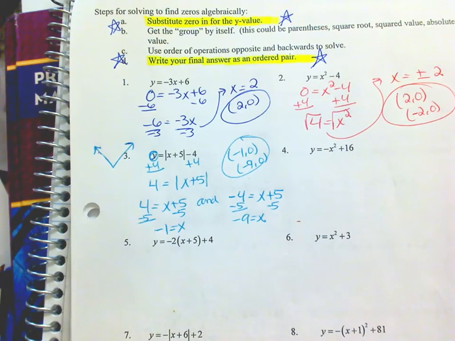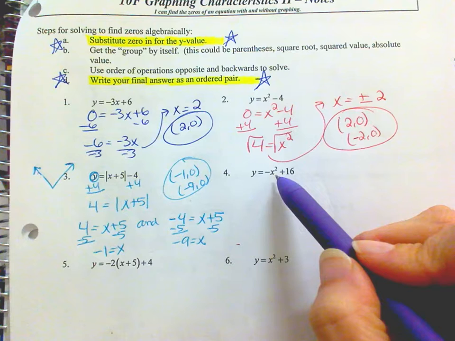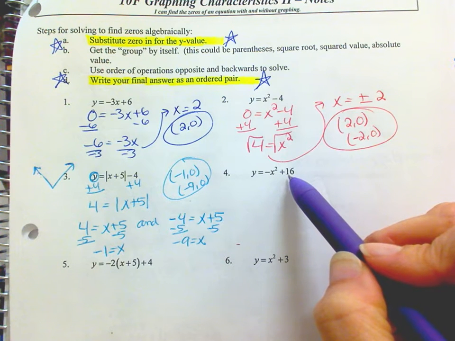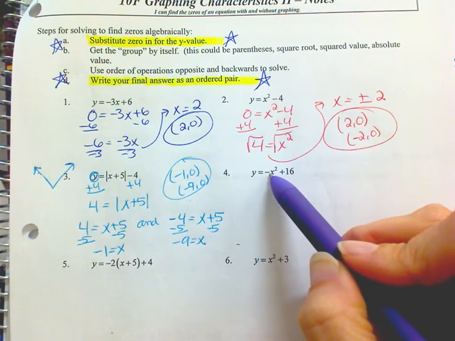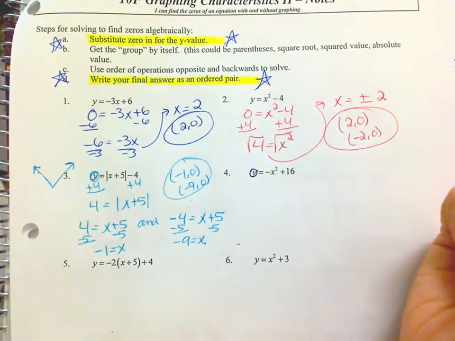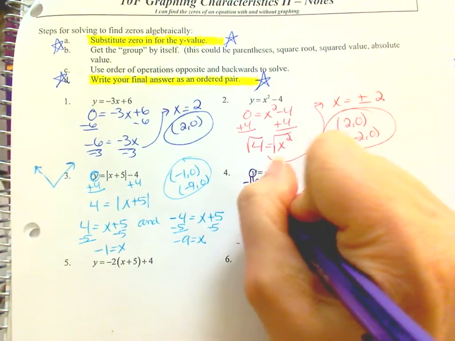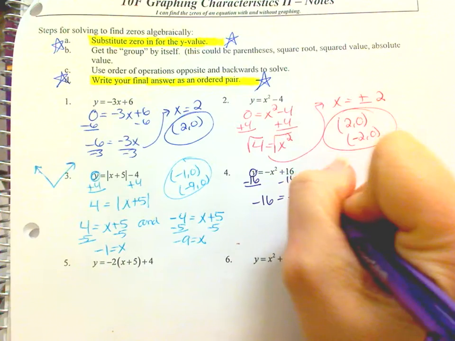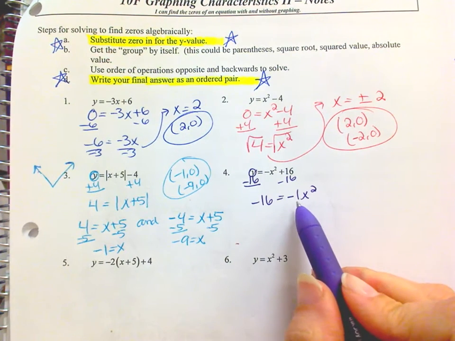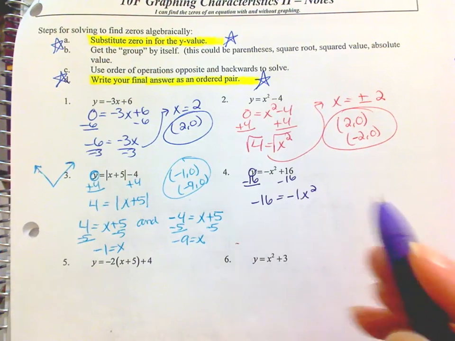For number 4, this is a parabola. Hopefully you realize that it's going to be way up. You're going to just go straight up 16, and then it opens down because of that negative. So again, replace the y with a 0. Subtract the 16 to get the x squared by itself. When I went to rewrite this, I made it negative 1x squared so that we don't forget that we need to get rid of this negative.